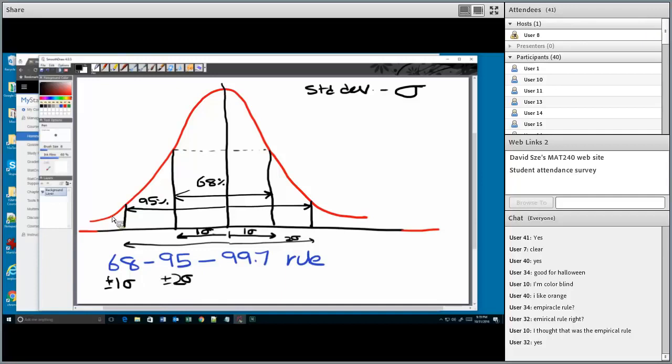And then similarly, almost 99.7% of the distribution will be within plus or minus 3 standard deviations. So now you know why I like to remember this as the 68, 95, and 99.7 rule.